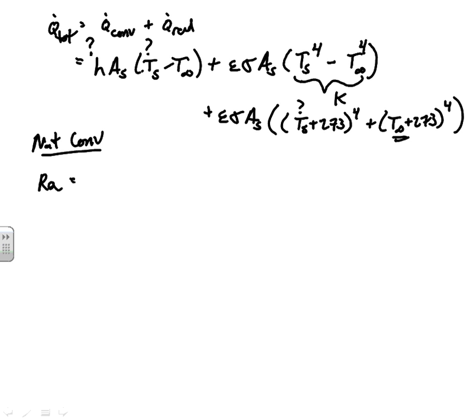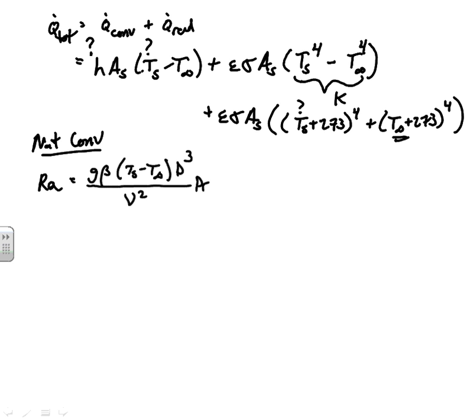My Rayleigh number happens to be g times beta times Ts minus T infinity times the diameter cubed, divided by nu squared, times the Prandtl number.